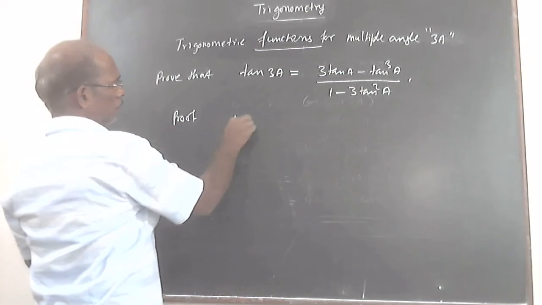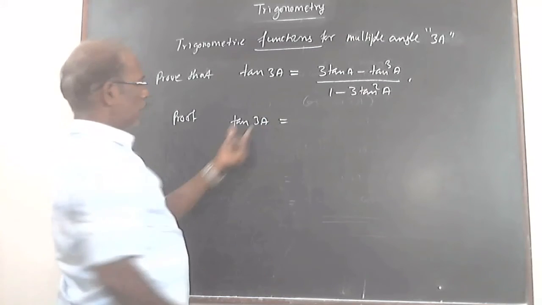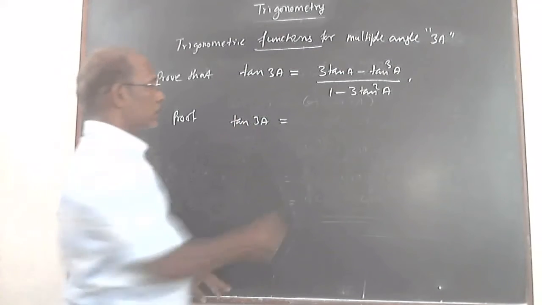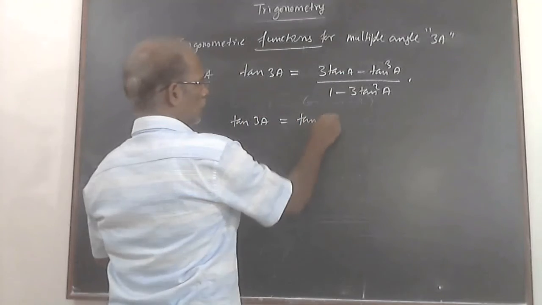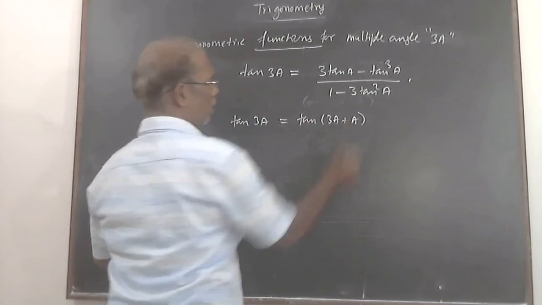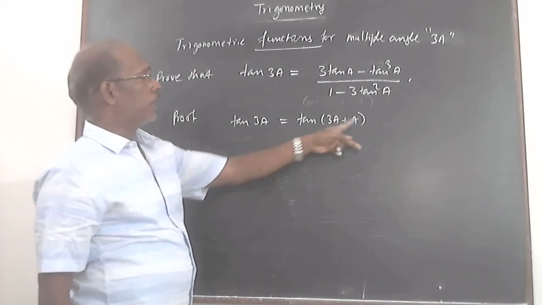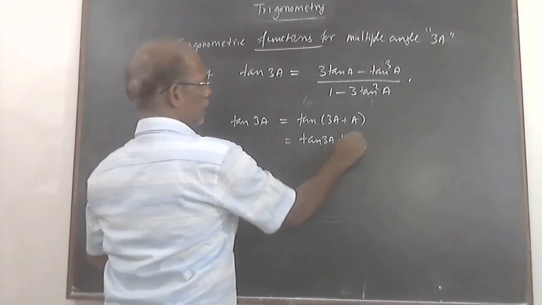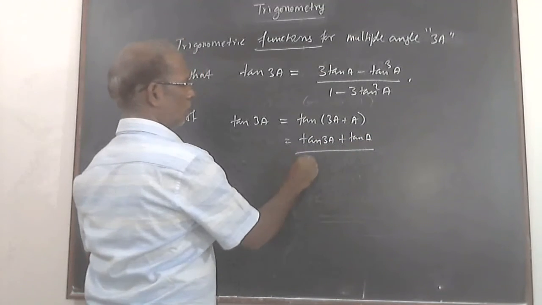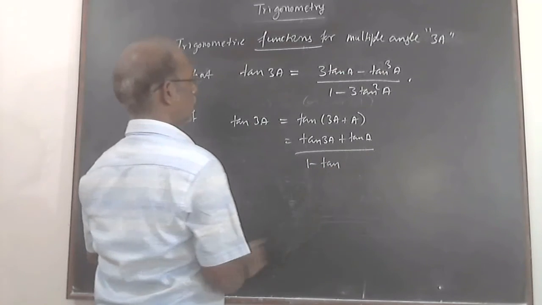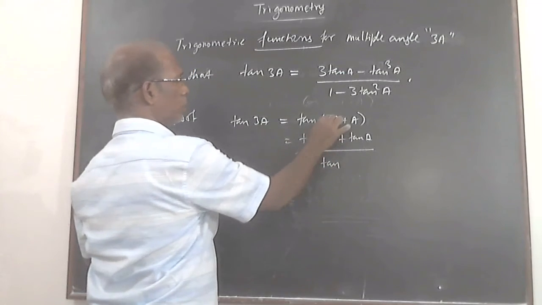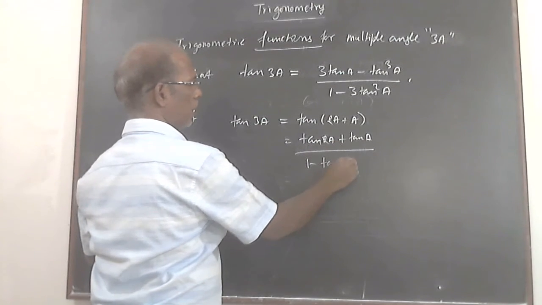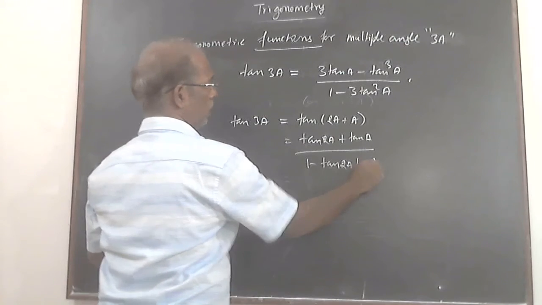For tan 3A, we can make 3A a compound angle of 2A and 1A. Tan of 2A plus A; check it once again.